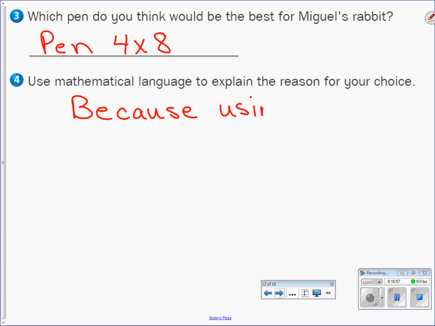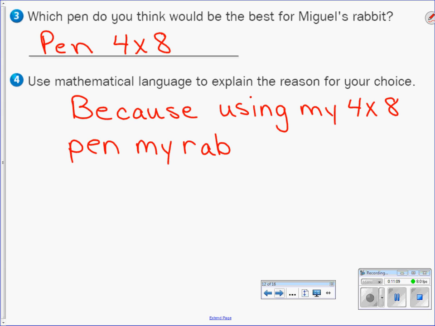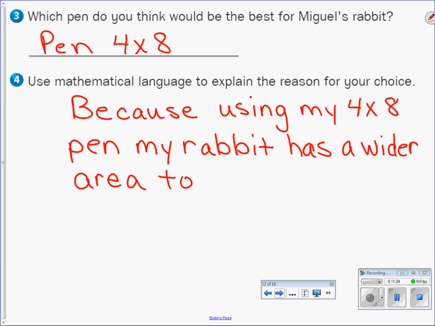using my 4 by 8 pen, my rabbit has a wider area to run around.